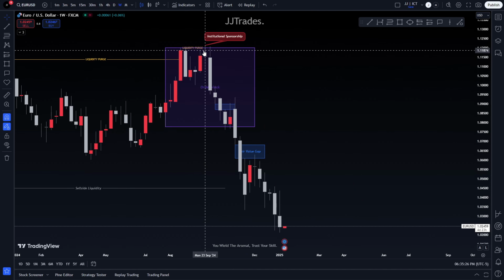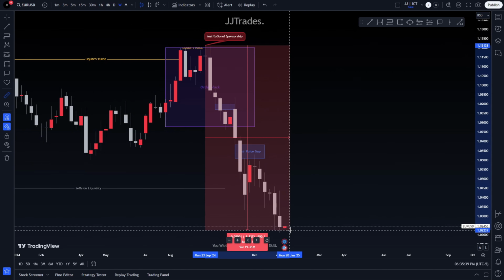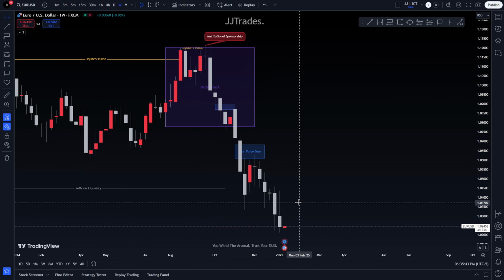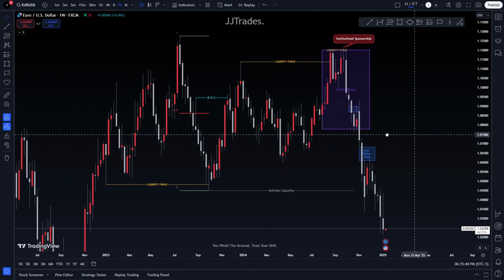From here, it took about 112 days. Isn't that amazing? Very cool. We dropped 8%. We dropped 10,000 points for 8%. Isn't that amazing? But anyways, this is for behind price, okay?